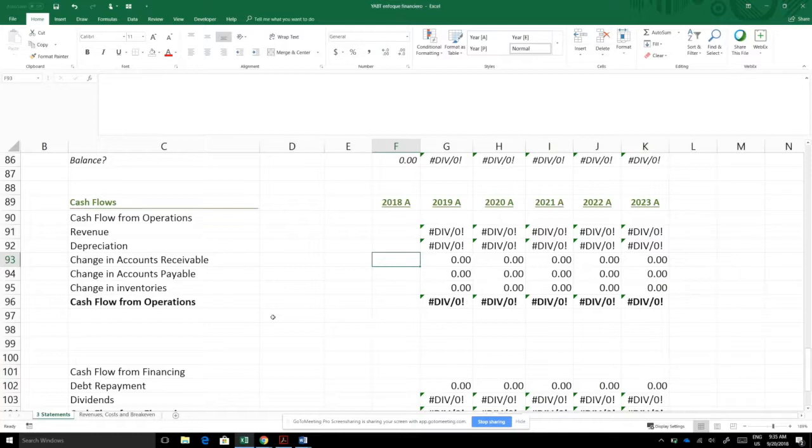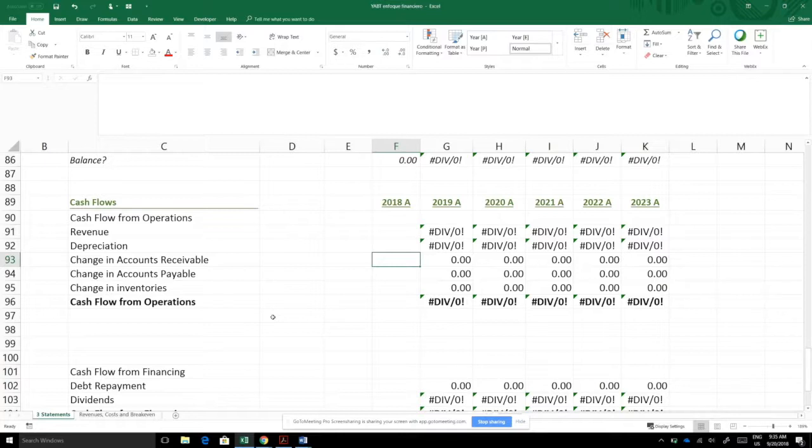I'm sorry, I made a mistake there. It's the opposite. If accounts receivable increase, then we are not getting cash this period because we are giving credit to our clients, and then we have to take that cash from the cash flows, the cash that we didn't reflect in the income statement.